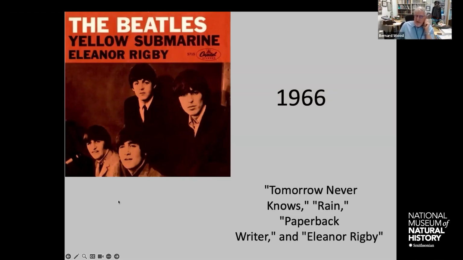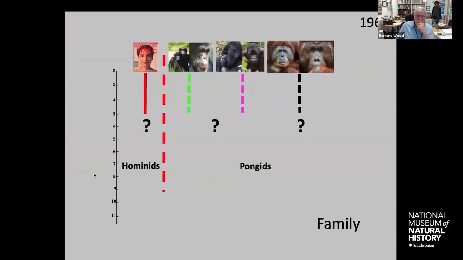It's a long time ago. I worked for 12 years in Liverpool, so I'm expressing that in terms of the Beatles. And 1966 was when the LP came out, The Yellow Submarine, and you can see the songs that are in it. So it's a long time ago.